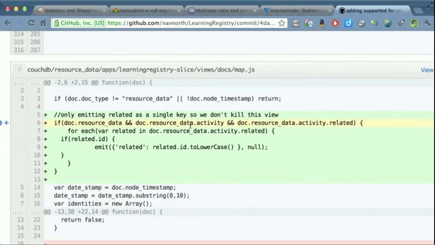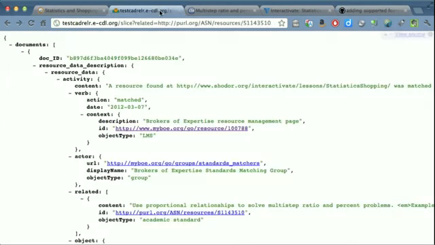We're only at this point looking at LR paradata and not metadata. And as you can see, we are doing a slice on the related parameter, passing in an ID. In this case, this is a JES & Co. ASN ID for standards.